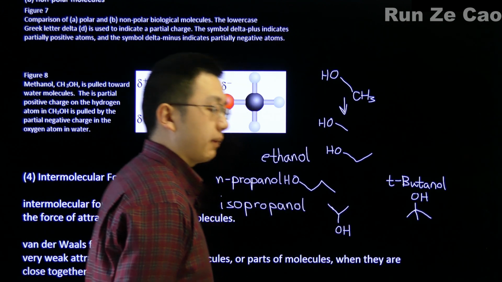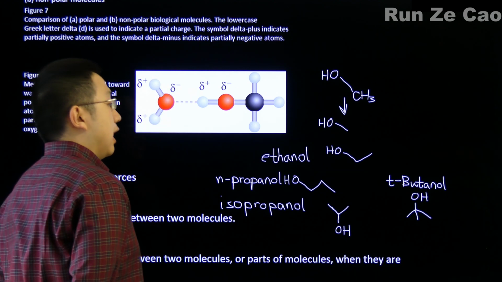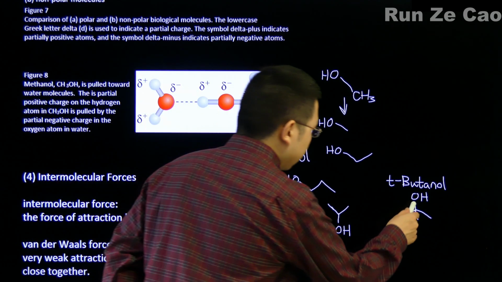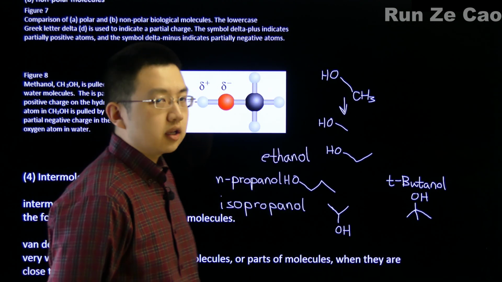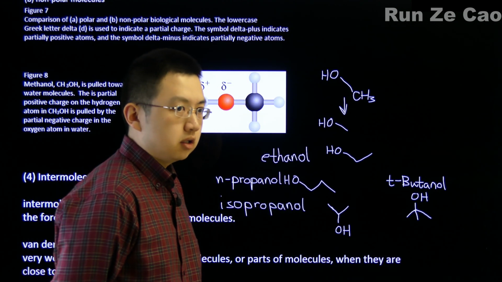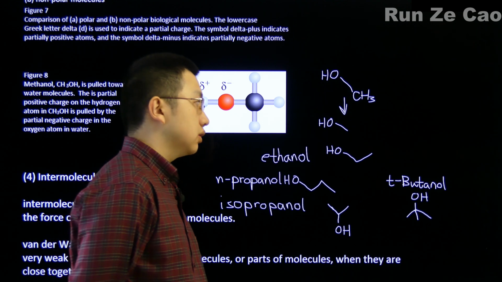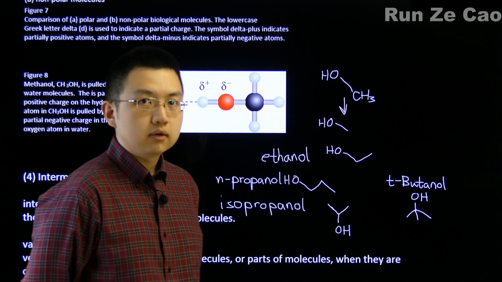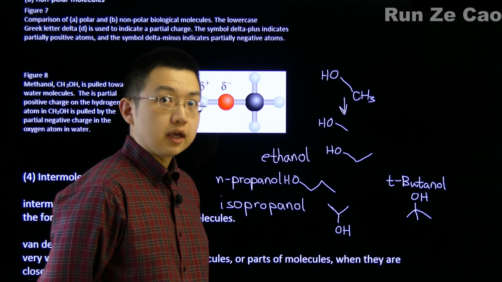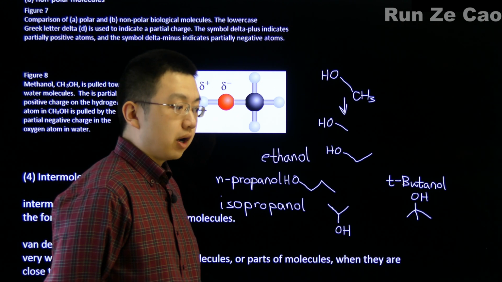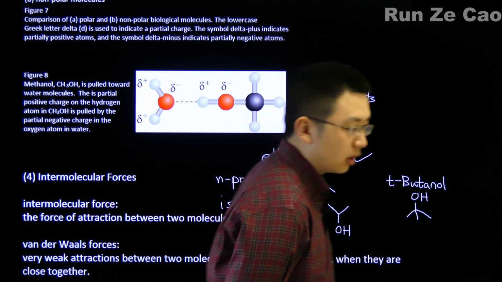Oxygen has atomic mass 16. And carbon, even not counting those hydrogens, we're looking at 48. And counting the hydrogens, we add another 9. 57. Okay, this thing is quite big for only one hydroxyl to solubilize.